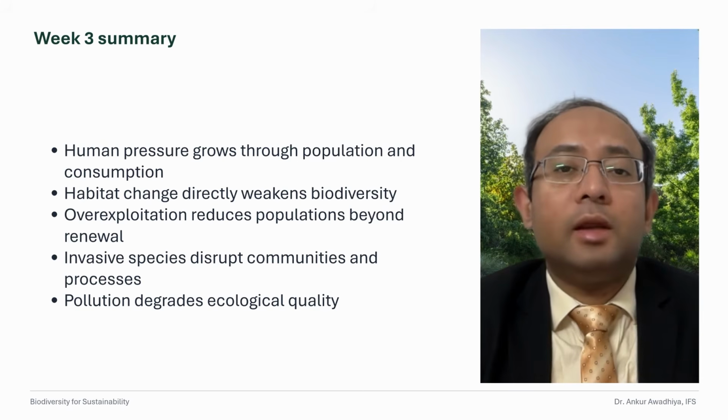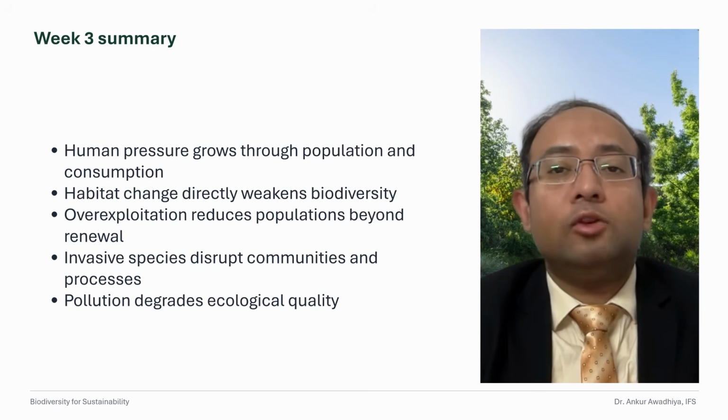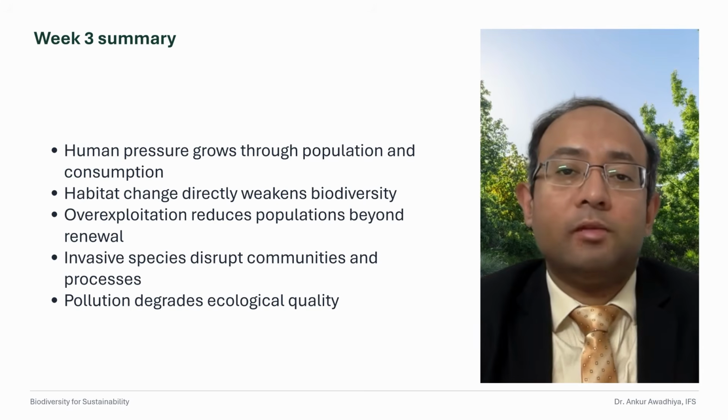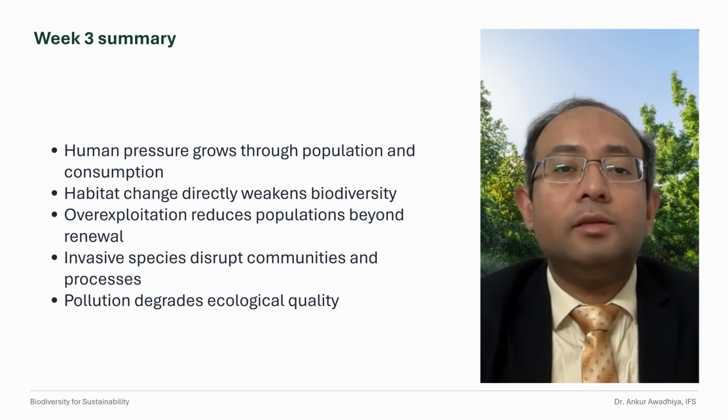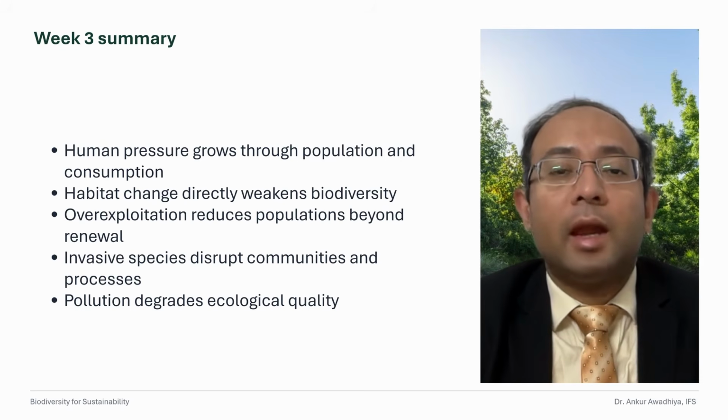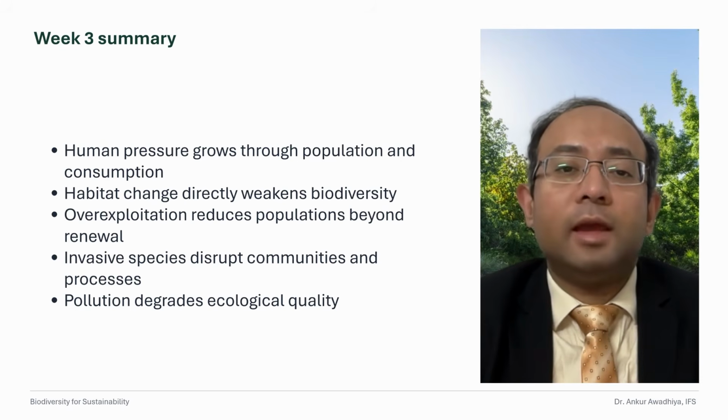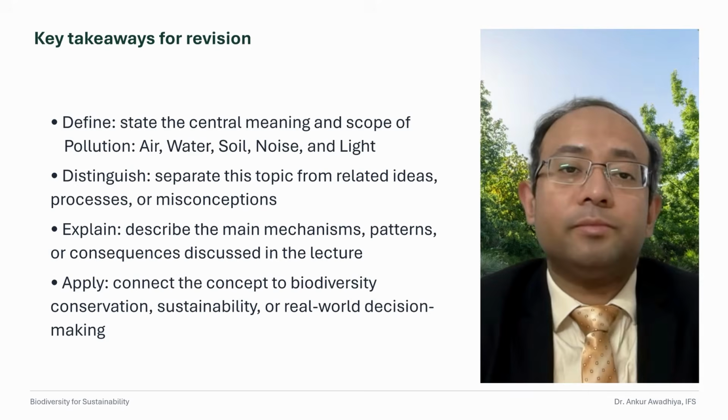And pollution degrades ecological quality through chemical, energy, and behavioral mechanisms. These are not five isolated problems. They are five interconnected forms of pressure that combine and reinforce one another. And understanding them together is essential for understanding why biodiversity is declining at the scale we observe globally.